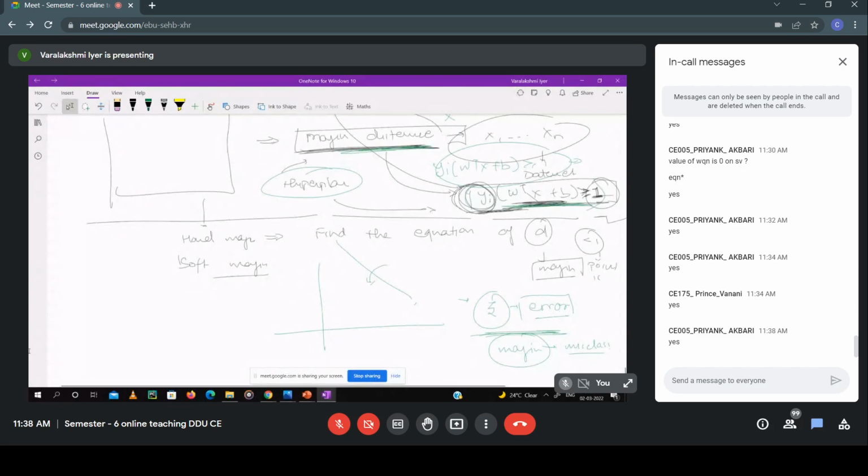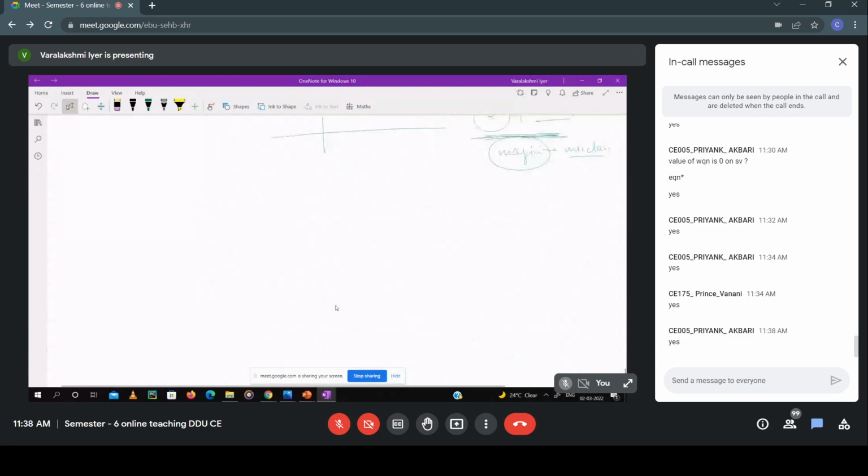Okay. So now we'll proceed with defining the equation of margin.